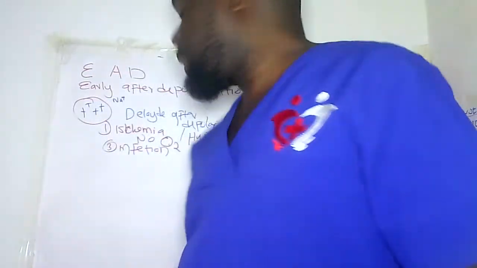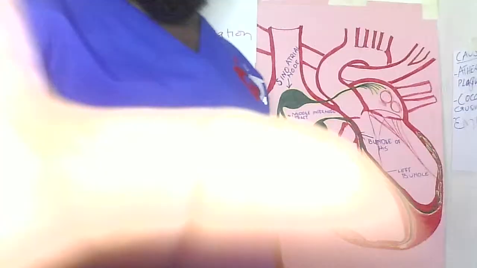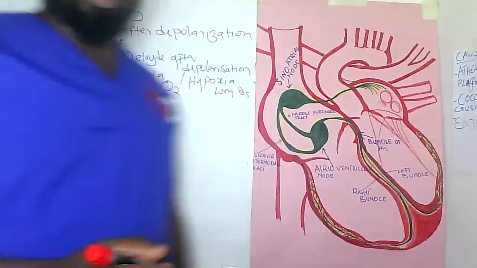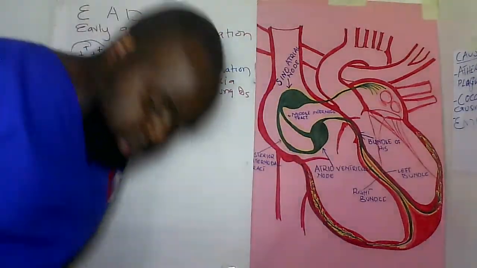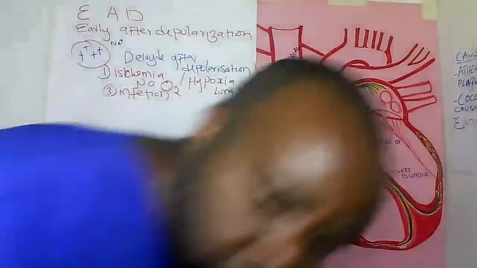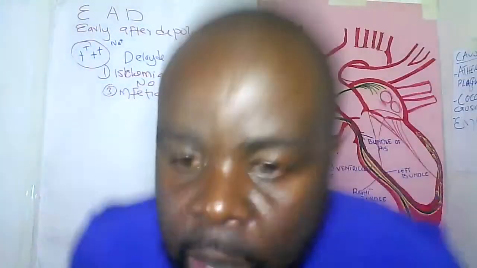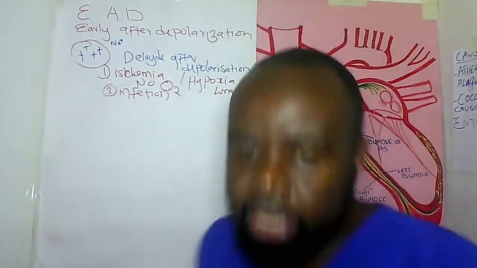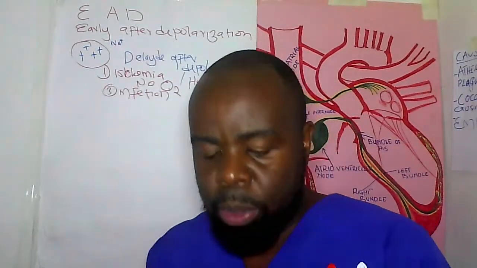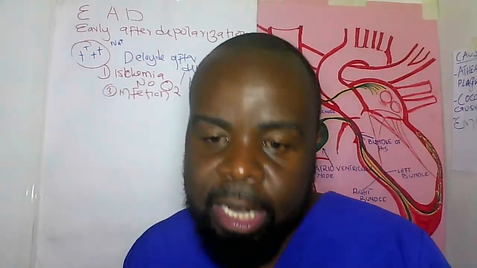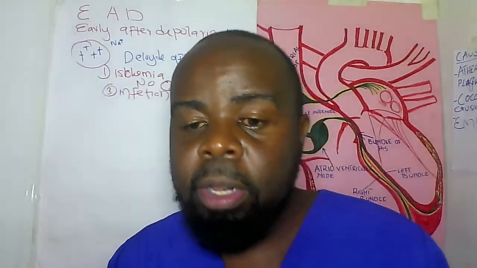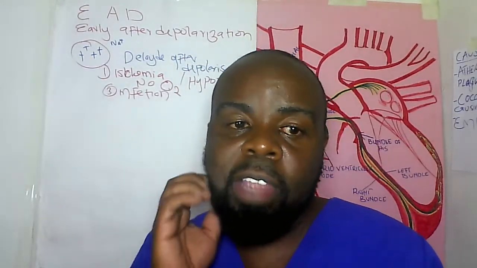There is something so important that I want people to understand. You remember when we were talking about types of tachycardia, and we said we have sinus tachycardia, we have focal atrial tachycardia.